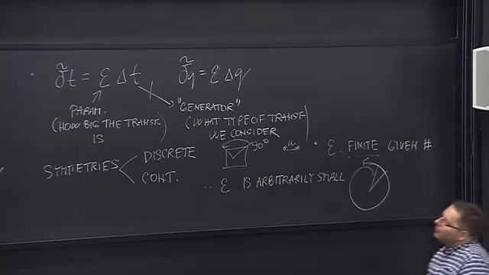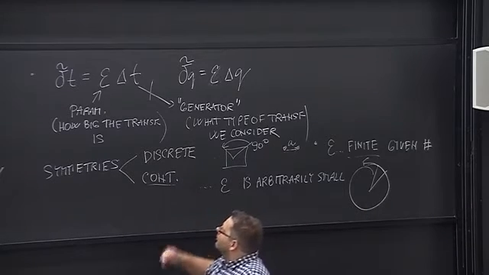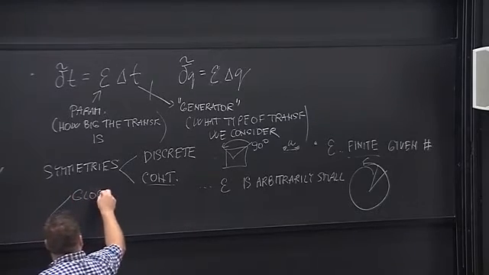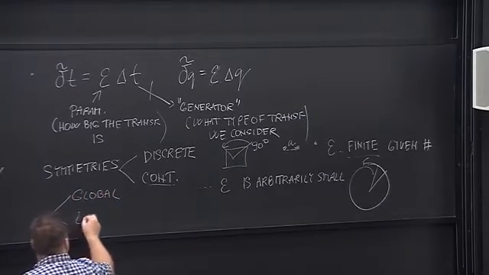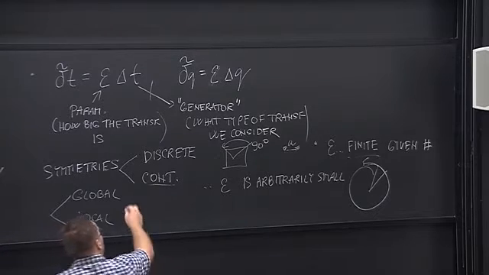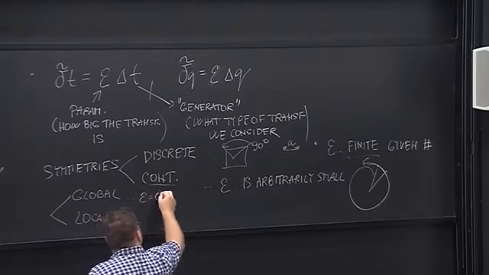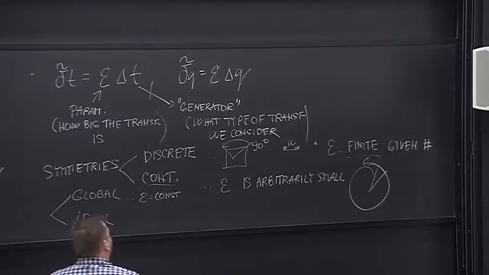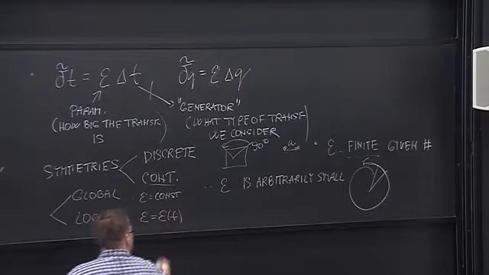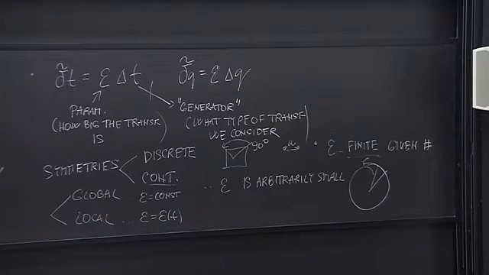Okay, so now we know what continuous symmetries are. Now you have also another distinction: either you have global symmetries or you have local ones. You're probably more familiar with these from field theory, but the global ones have epsilon equal to a constant, and the local ones have epsilon as a function of time. So at a given time, I do a rotation like that, at a later time, I do a different rotation.